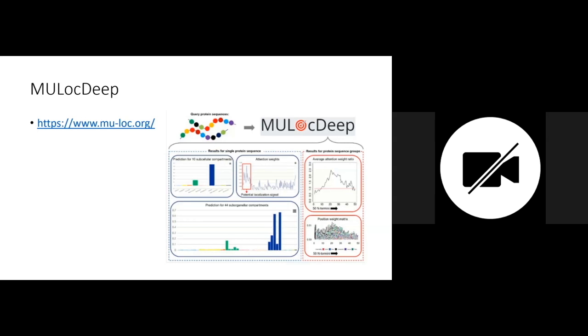And another function for protein groups is that we calculate the attention weight ratio. This is the average attention weights divided by the attention weights from a randomly shuffled protein sequence.